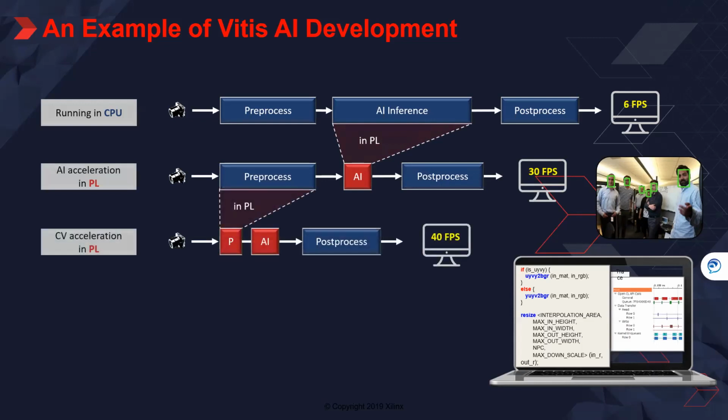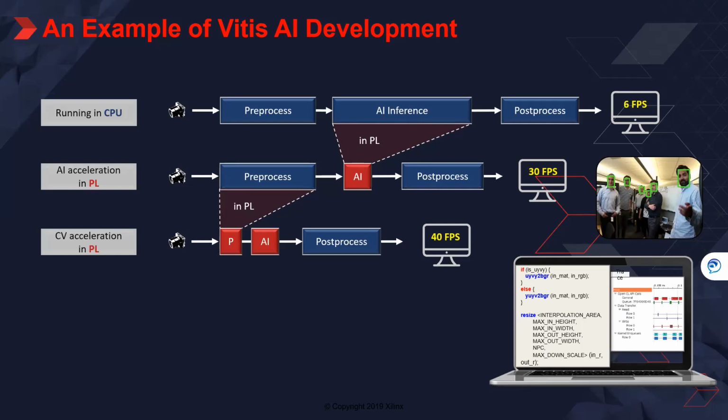But you can go even better by accelerating the other parts like pre-process. Just by accelerating the pre-process itself, you get 33% more improvement and your throughput can go up to, say, 40 FPS. At this step, you can go further and even accelerate the post-process on FPGAs.